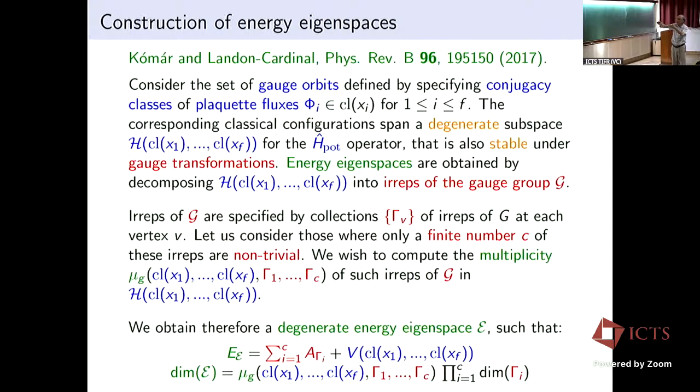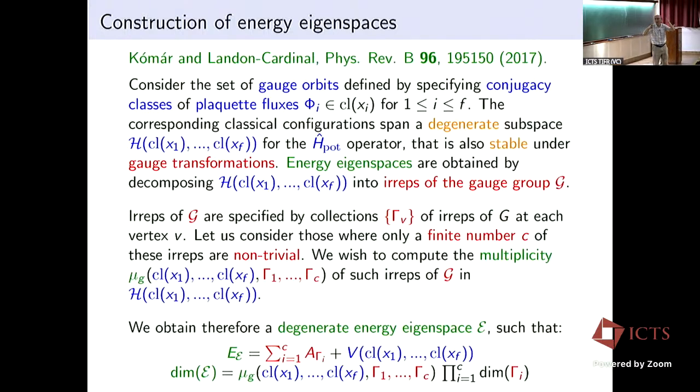So the energy eigenspaces can be obtained by decomposing this invariant subspace, associated to one set of orbits, into irreducible representations of the gauge group. Now, since the group acts independently at every point, the irreps of the full gauge group are specified by collections of irreps at each vertex.